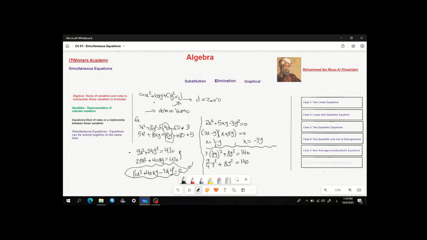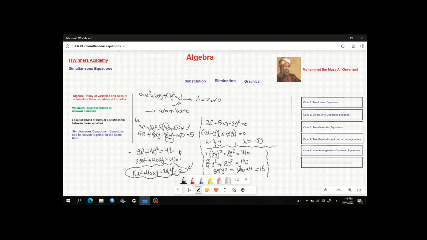If I simplify that, multiply by 4, that will be 35y squared equal to 560.